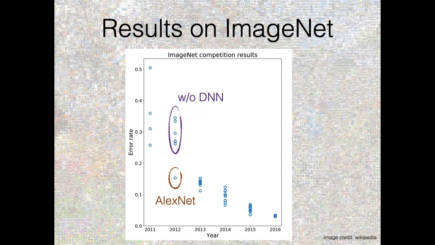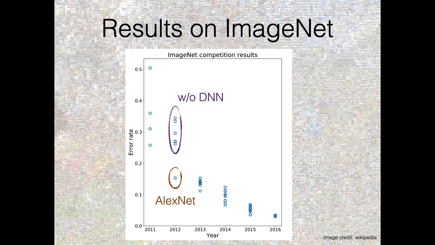Before the DNNs, we had an error rate of about 0.3. In 2012 AlexNet won the competition, and you can see the difference in error rates between the models that didn't use DNNs and AlexNet, which is quite a margin.